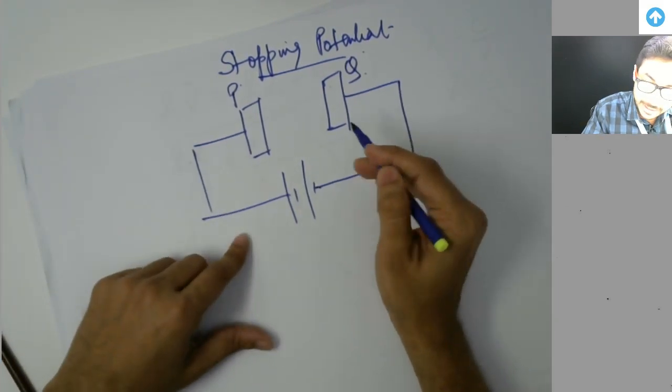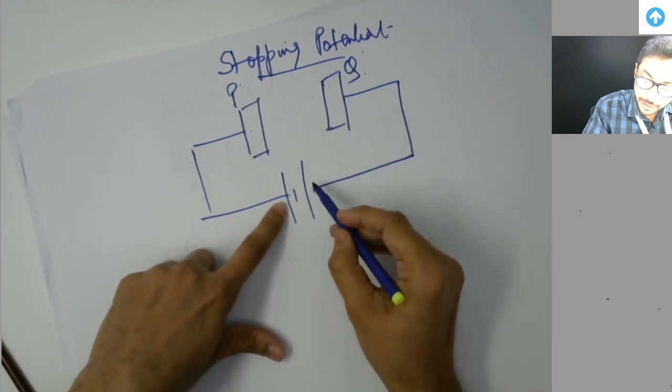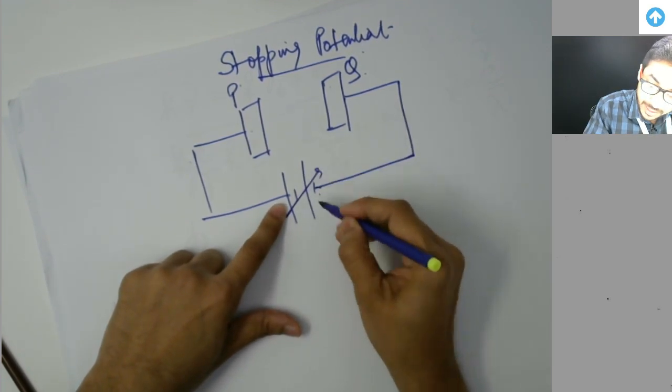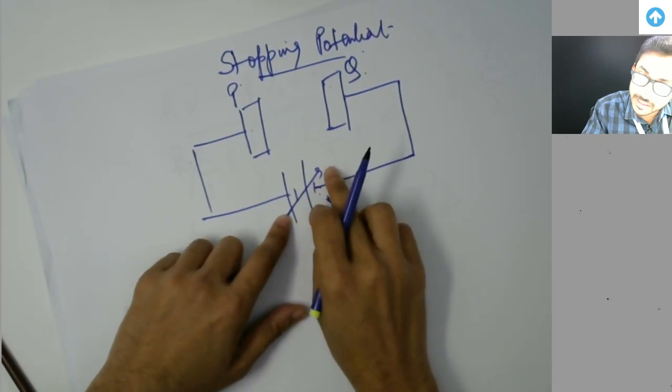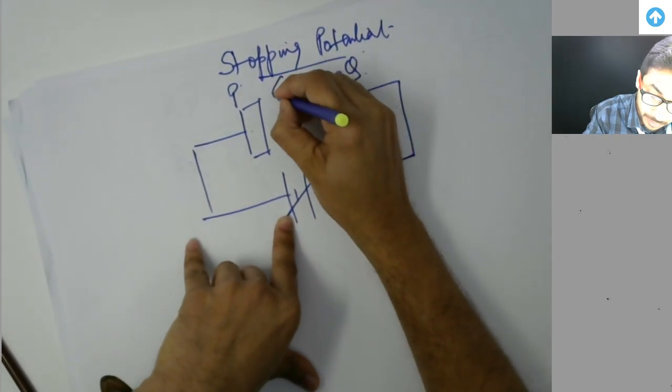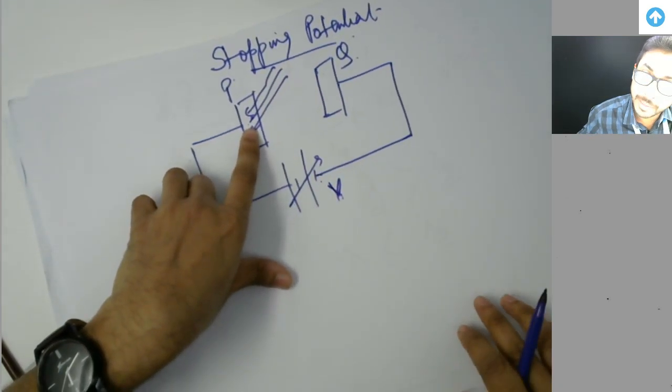There were two plates P and Q. P is positive, Q is negative. We are applying a voltage V across it. V is variable. Now, photons are incident on the plate P.